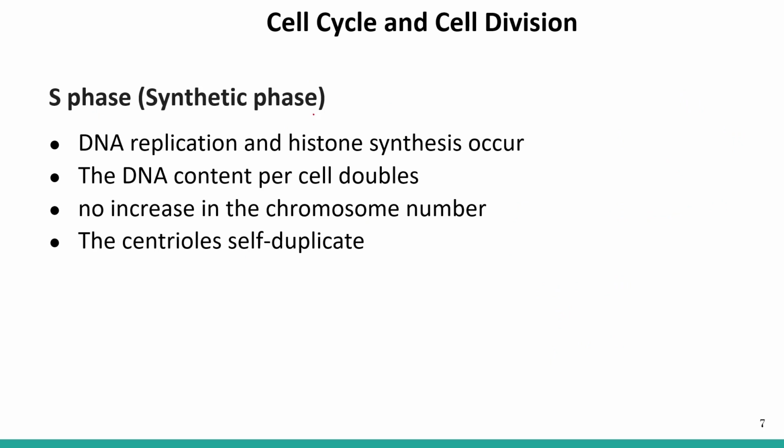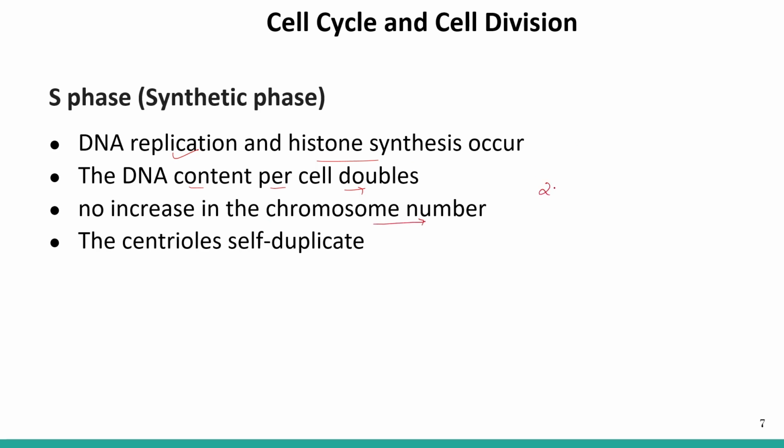If the cell is haploid, then the DNA content will be 1C. During S phase, what happens? DNA replication is taking place as well as histone synthesis. What else is happening? DNA content per cell doubles. After the S phase, DNA content will double due to DNA replication. But there is no increase in the chromosome number. This you have to understand.